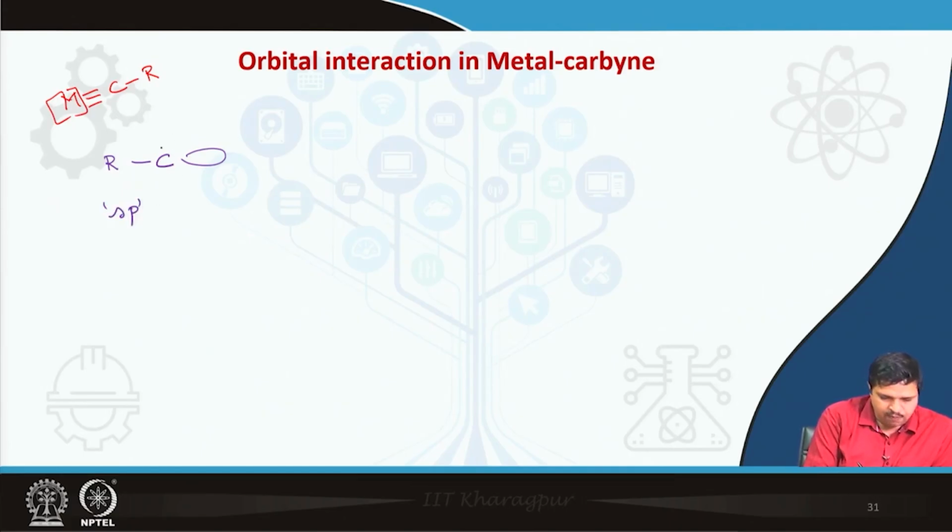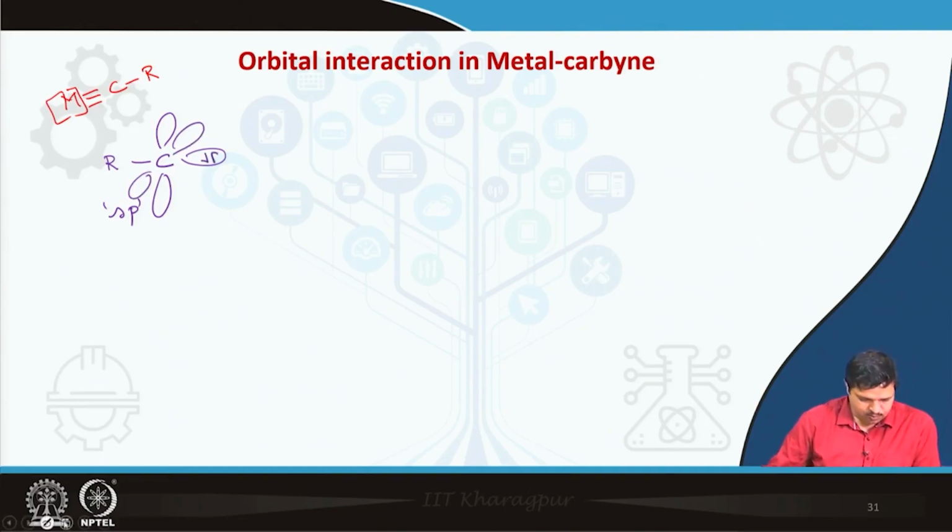And you have the 2p orbitals, with plus, plus, minus, minus lobes, and you have another electron here.